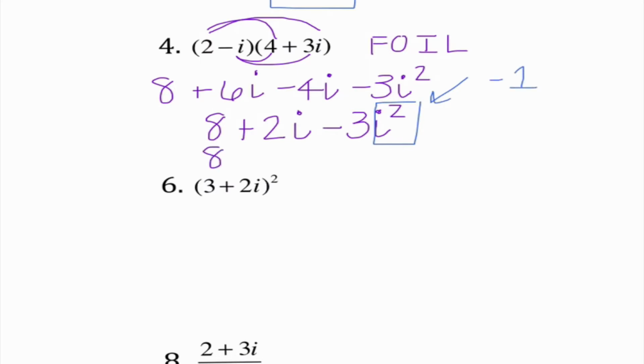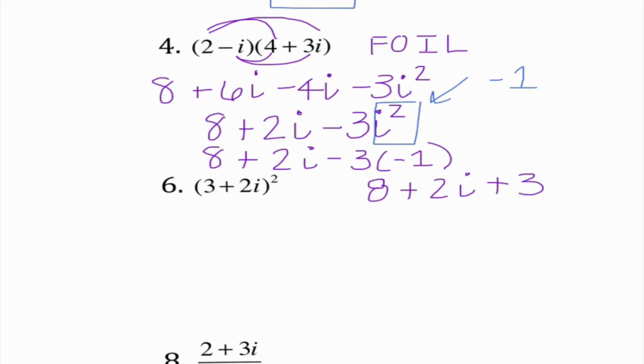So I'm going to think of this as 8 plus 2i minus 3 times negative 1, which would become 8 plus 2i plus 3, or 11 plus 2i. Now, as we get more familiar with i squared being negative 1, I definitely think we can skip some of these steps, but it's helpful just to see exactly where everything is coming from.